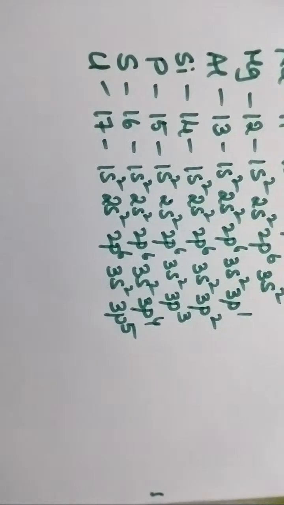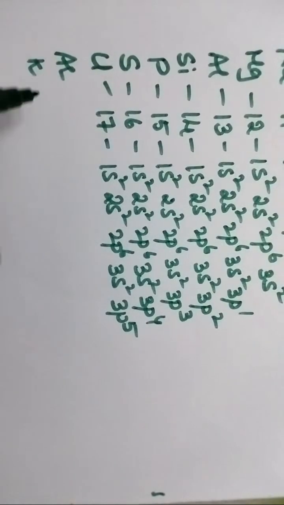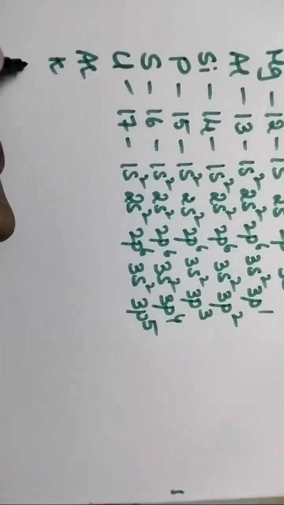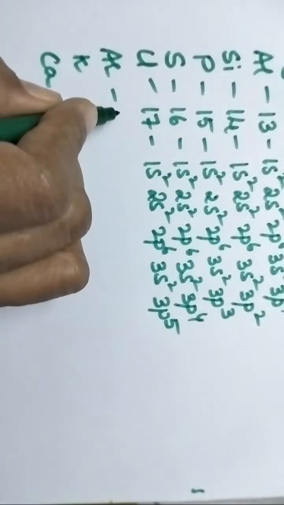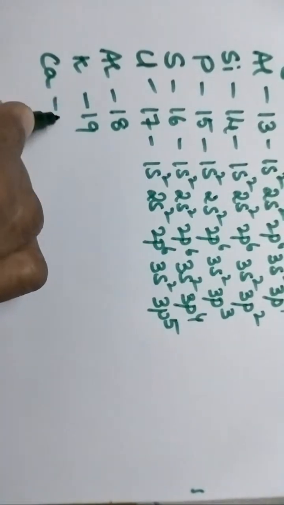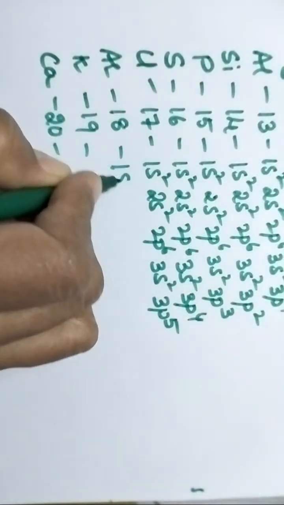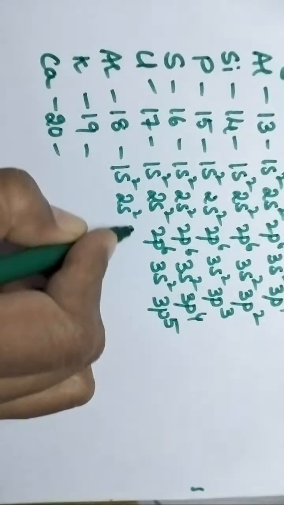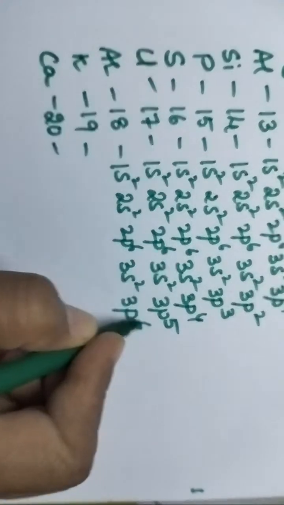Coming to the remaining 3 elements, argon, potassium and calcium. What is the atomic number of argon? That is 18. Potassium is 19. Calcium is 20. So configuration will be 1s2, 2s2, 2p6, 3s2, 3p6.